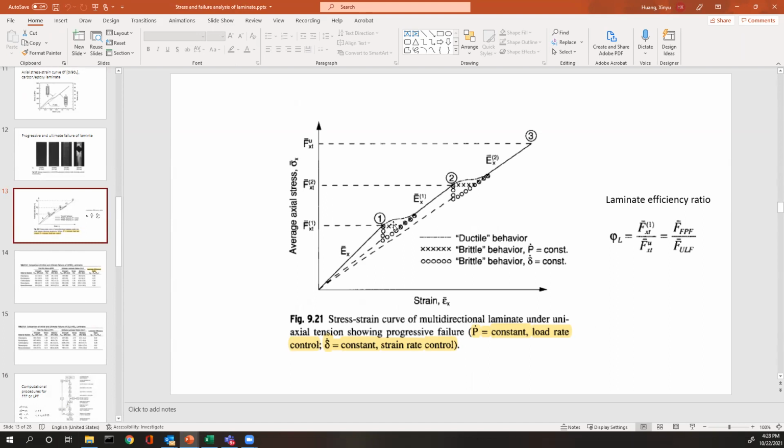Due to cracking of certain layers, the stress redistributes, and the material will actually show a different modulus, and then you can keep loading it. And when I copy the spreadsheet from stage 1 to stage 2, step 2 is at this turning point, basically, where the first threshold is triggered at that point. At this point now, I can keep ramping up the load and see what happens next. If you keep raising the load to see when another layer will fail.